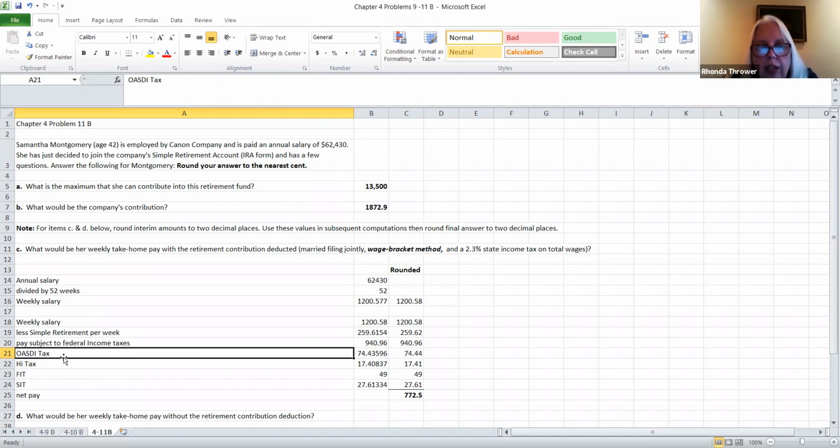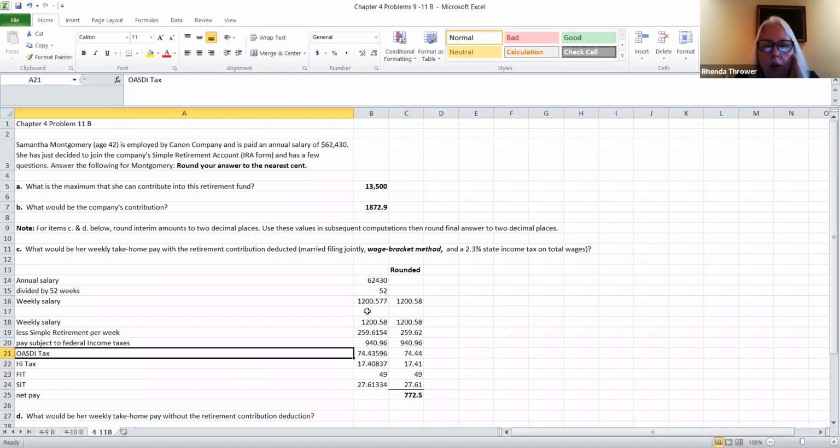So my OASDI tax is based on $1,200.58, the weekly salary before you have deducted the simple retirement weekly amount.